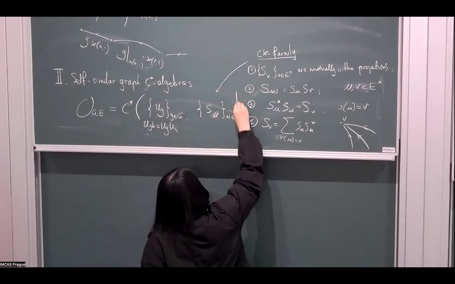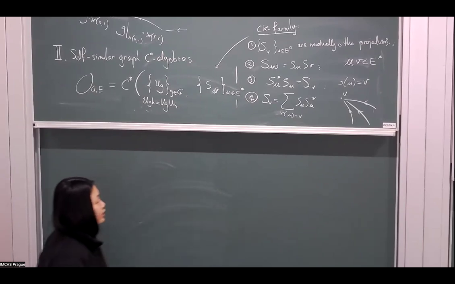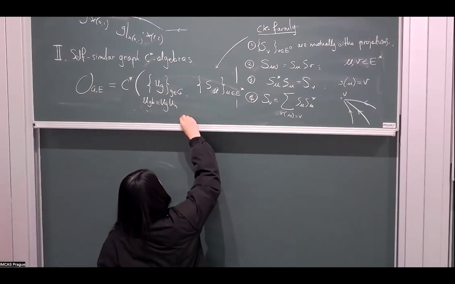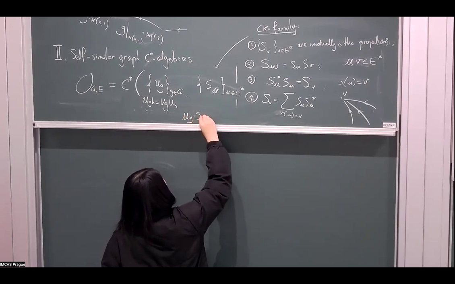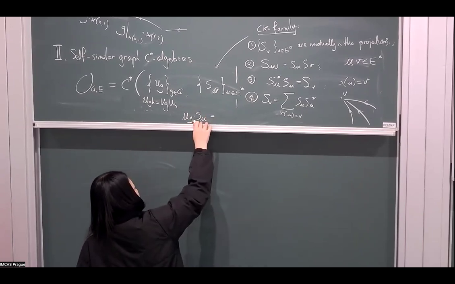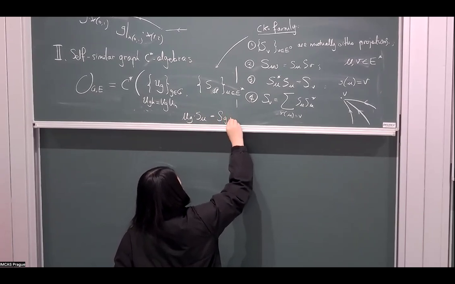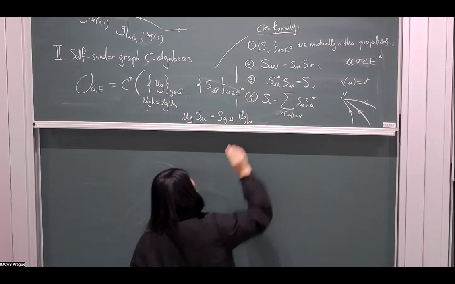But moreover, I want this self-similarity condition to appear. So I want them to satisfy that if I have U_g times S_mu, so my g will move the finite path mu to somewhere else, this is the same as S_{g.mu} and U_{g|mu}.